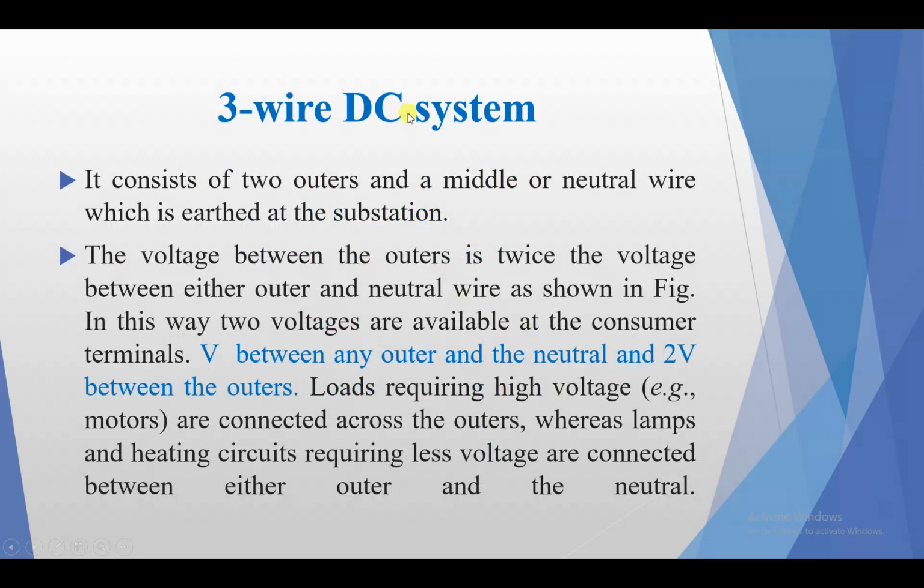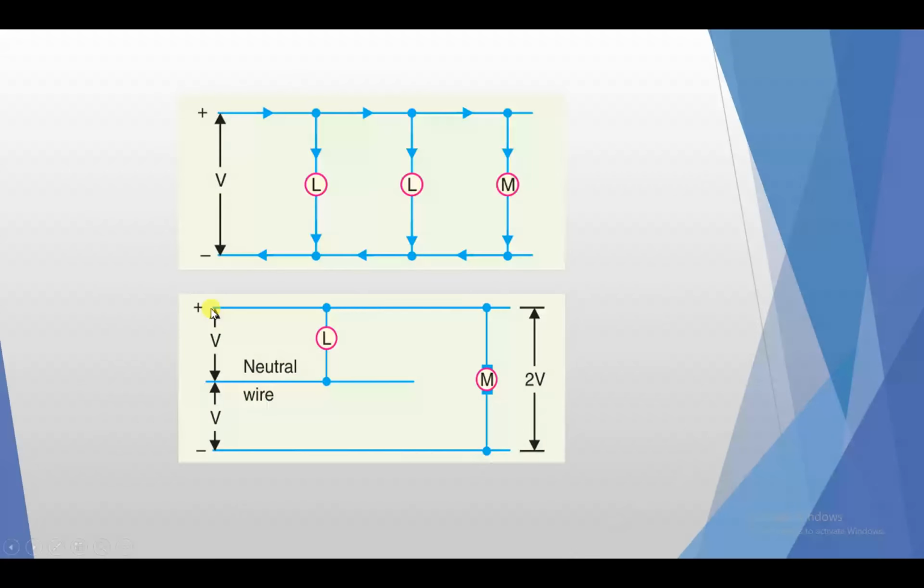Then we have the three-wire DC system. As the name suggests, it consists of two outers and a middle or neutral wire. We have three wires at the substation. The voltage between the outers is twice the voltage between either outer and the neutral wire, as shown in the figure. So this is the three-wire system.